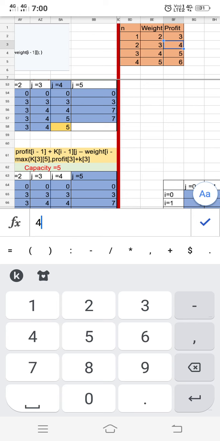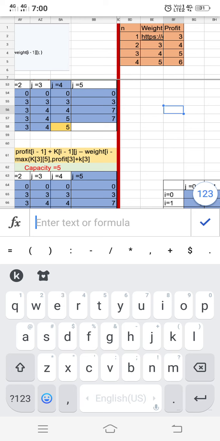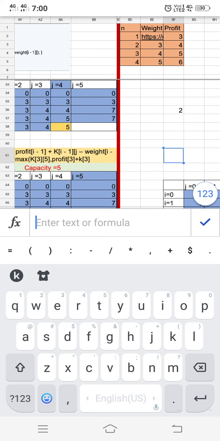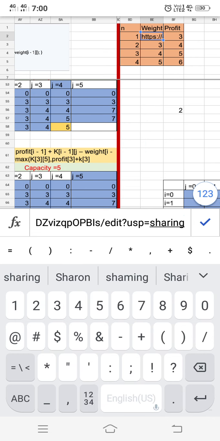And here I cannot add the weight of the current object 3 with the weights of 1 and 2 because it will exceed the j equal to 5 value. So I am considering only the objects 1 and 2, totally giving the capacity equal to 5. Its profit will be how much?